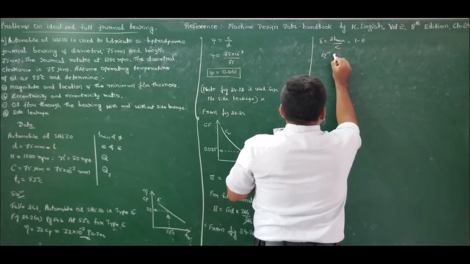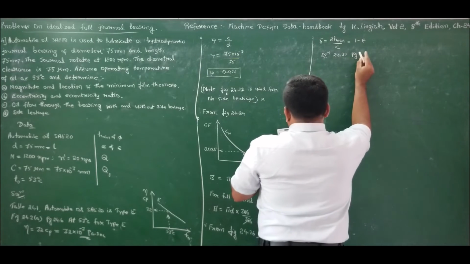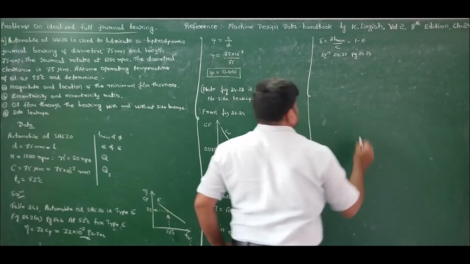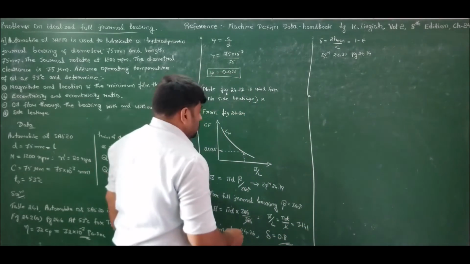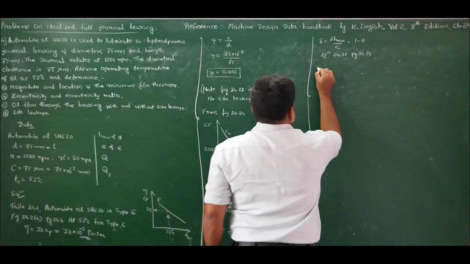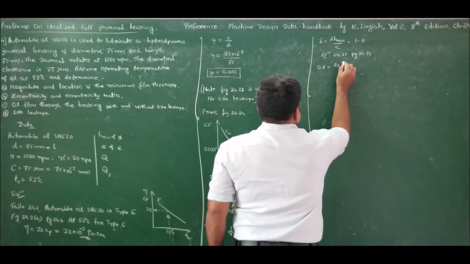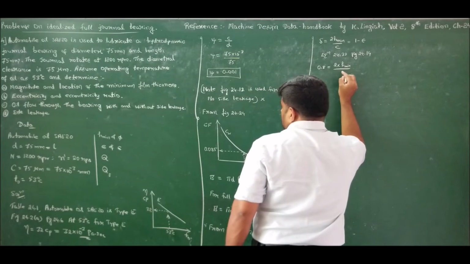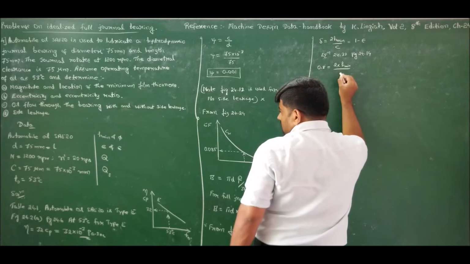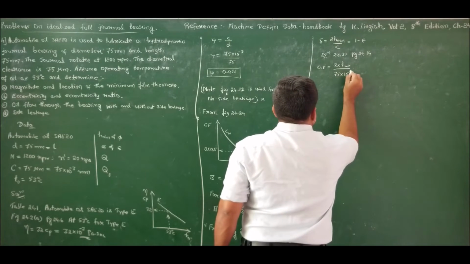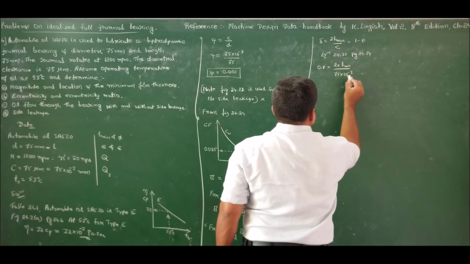The value of delta is found to be 0.8, which is equal to 2 times minimum film thickness by C. The diametral clearance is 75 into 10 to the power of minus 3 millimeters.